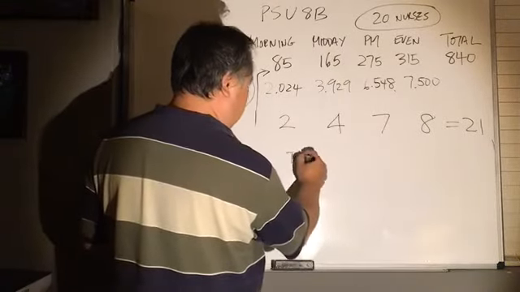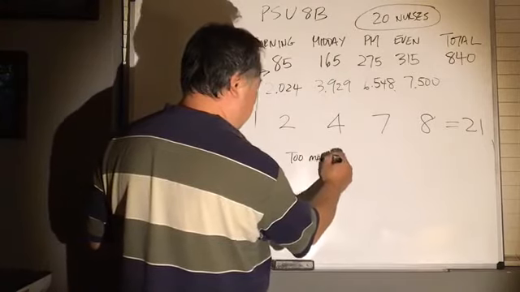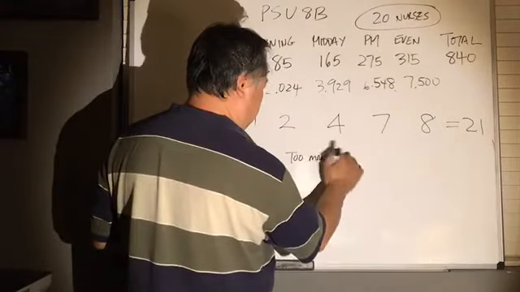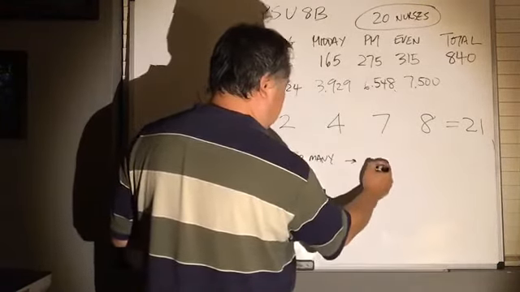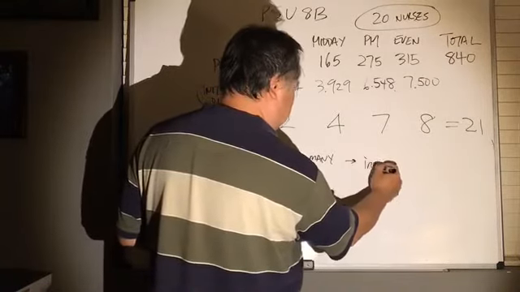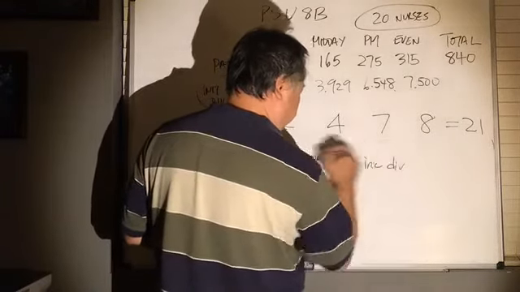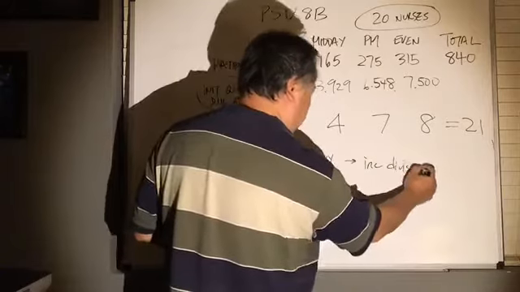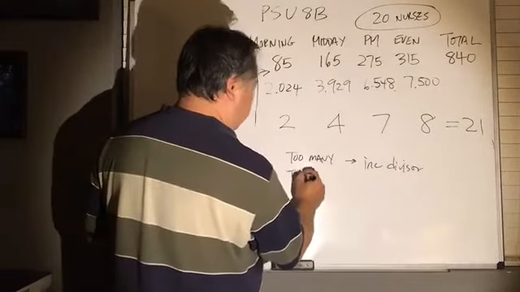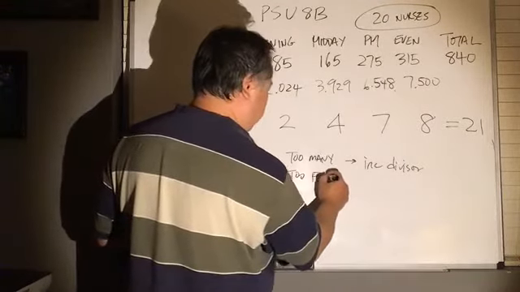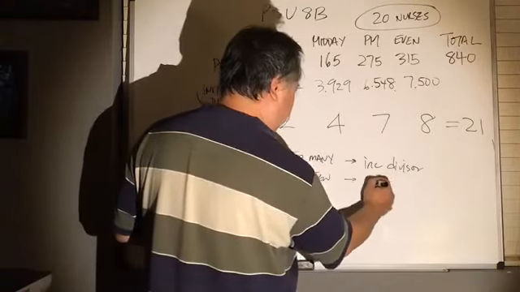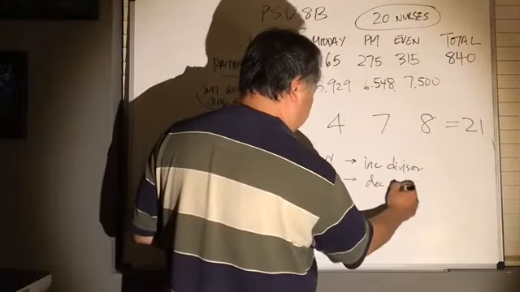Too many, increase divisor. Too few, decrease divisor.